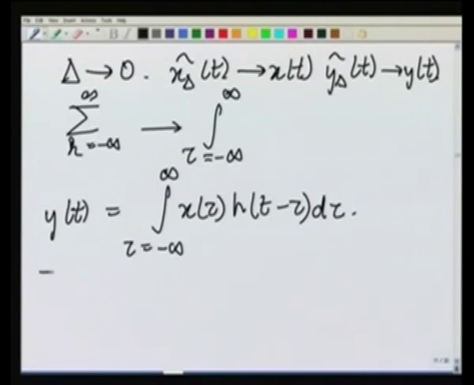This then is the exact expression for the output when the input is applied and we use the impulse response, the exact impulse response h t minus tau. This is the shifted version; the actual thing is h t, it has been shifted to h t minus tau.